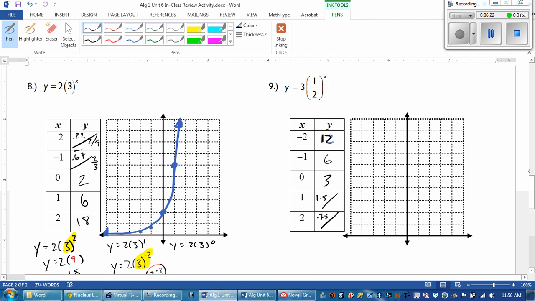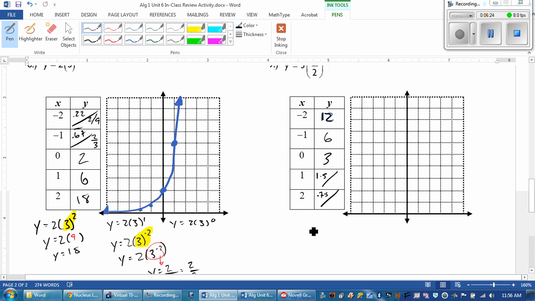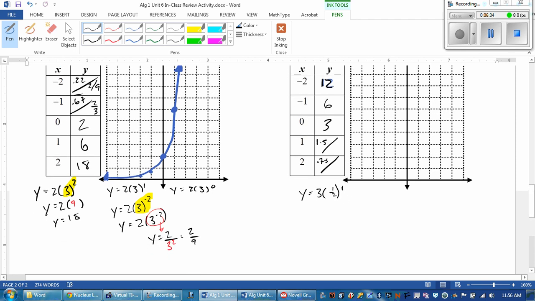Okay, so I'm going to do those ones by hand just so we can practice what it looks like. Okay, so when I'm distributing that 1 right here to both, well, 1 to the first power is 1, and 2 to the first power is 2. So now we have just 3 times 1 over 2, which is 3 over 2, which is 1.5.